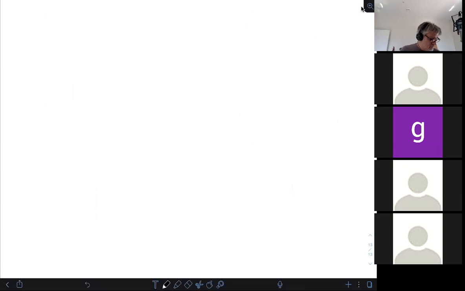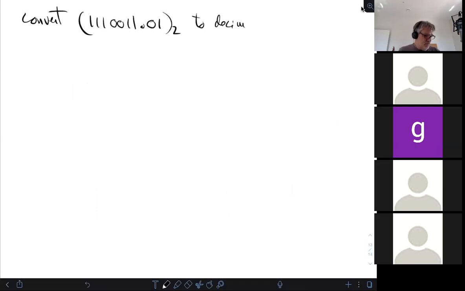Okay, so conversion. Convert 1110011.01 to decimal. So I'm given a number in binary and I want to write it down in decimal. What I do is just apply the definition, basically.